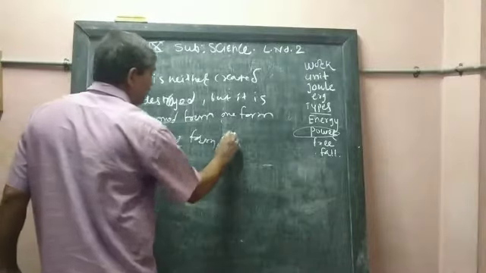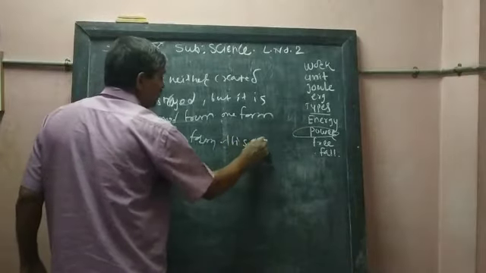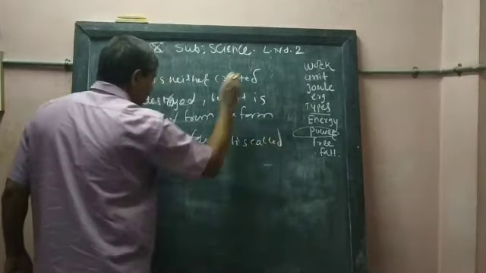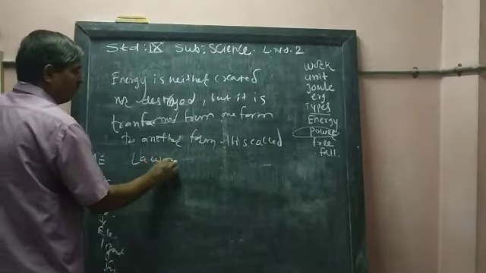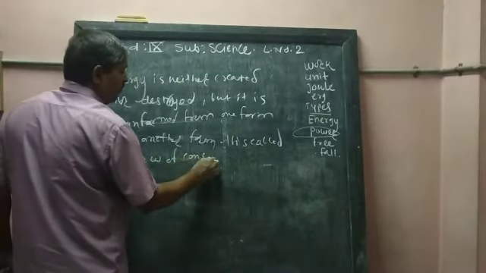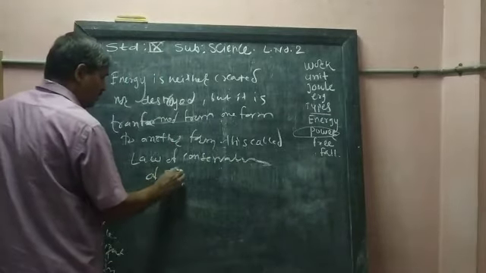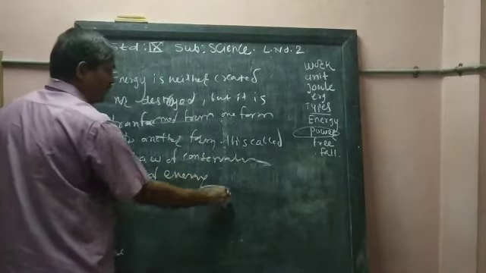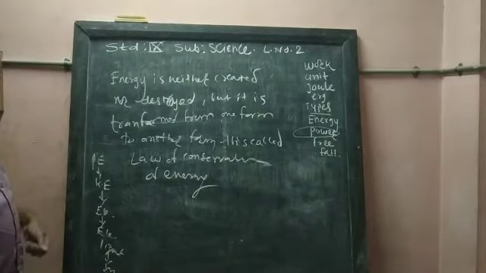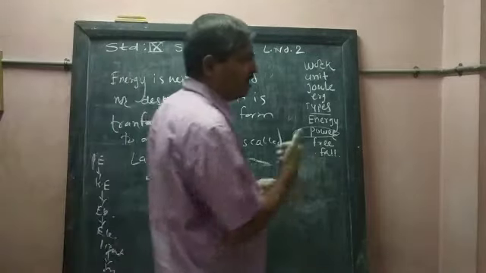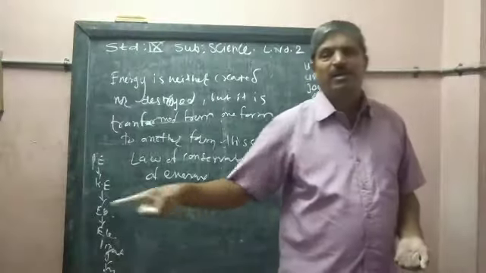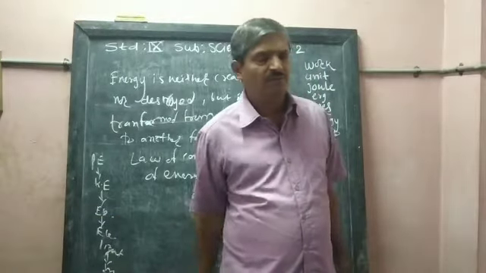This is called the law of conservation of energy. Understand what I told? What does the law of conservation of energy mean? Energy is neither created nor destroyed, but it can only be transferred from one form to another form.